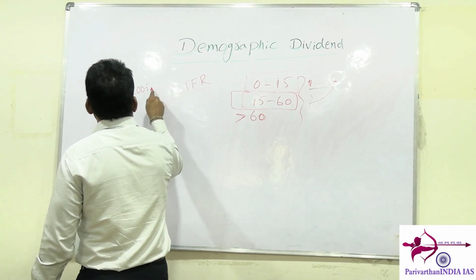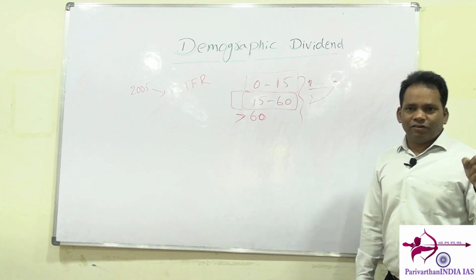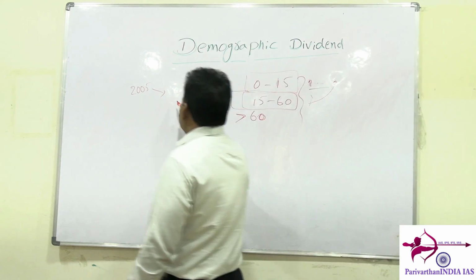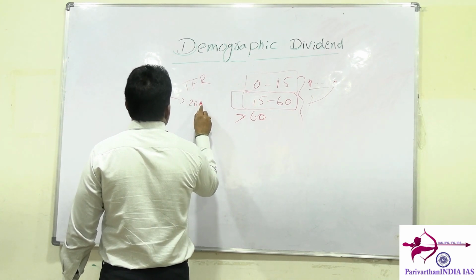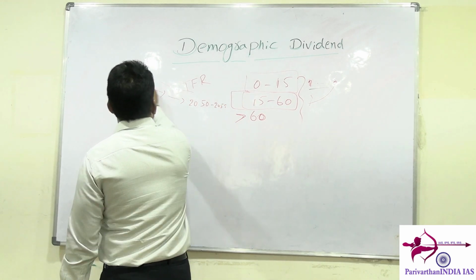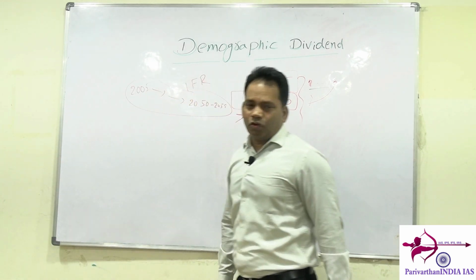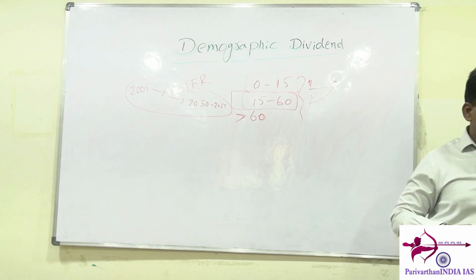Now India entered the demographic dividend phase in 2005-2006. It will last until 2050 to 2055. This is known as the demographic dividend.